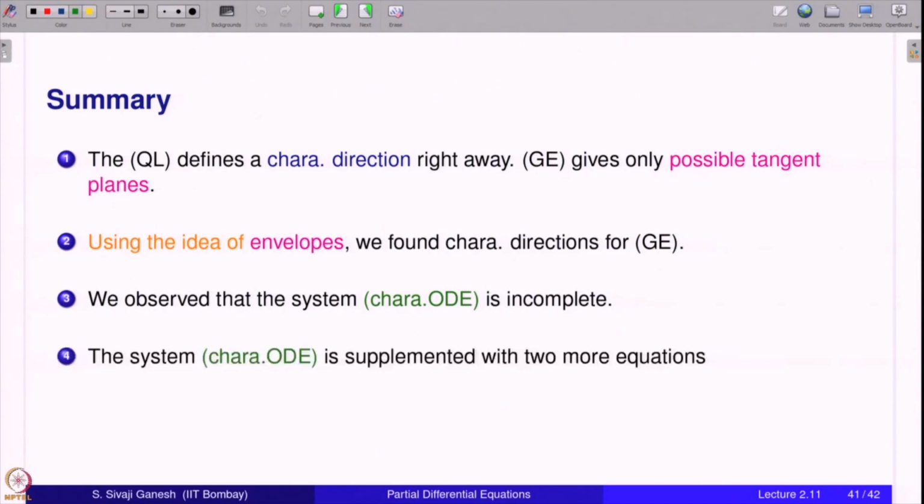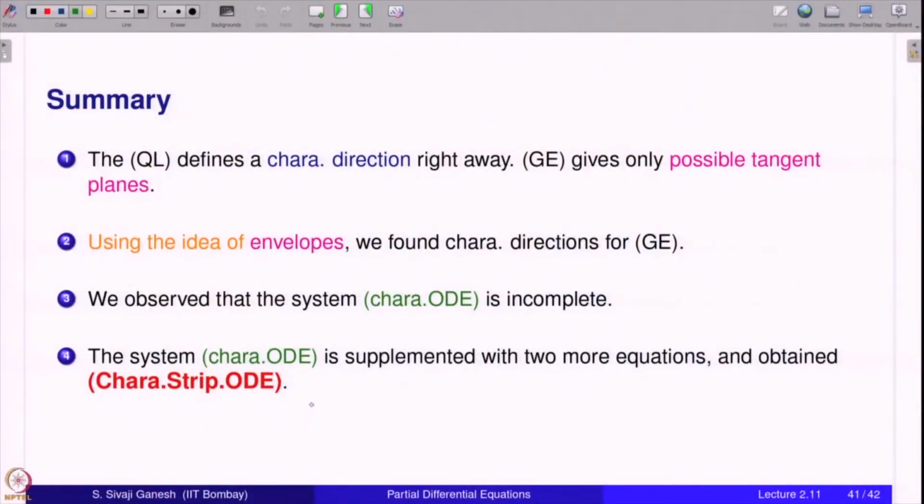So, the system is supplemented with 2 more equations, and we got characteristic strip equations, ordinary differential equations for characteristic strip. So, in the next lecture we are going to take up the Cara strip ODE system, which is a system of 5 equations, nonlinear equations, and we need to solve them.